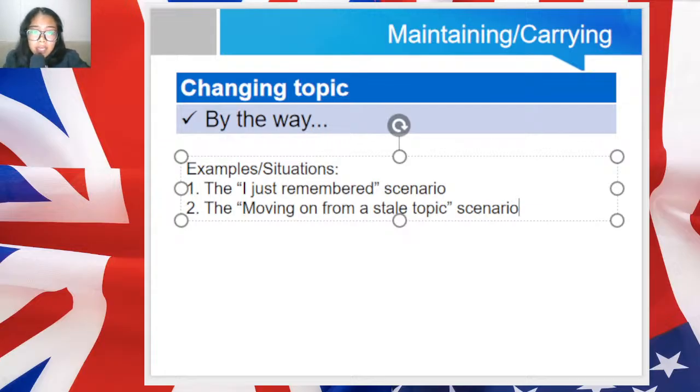Friend A would say, "I'm just so tired from studying for that exam. I don't even want to think about it anymore." And then friend B would say, "Yeah, me too. I'm just glad it's over. By the way, did you hear about the school fair happening this weekend? I heard there's going to be a lot of food stalls and games."